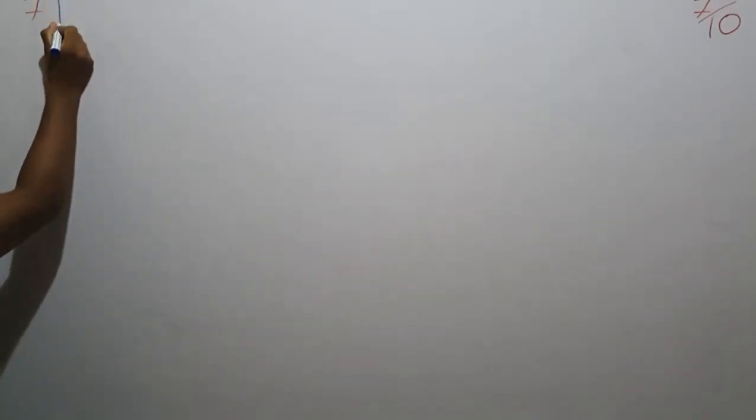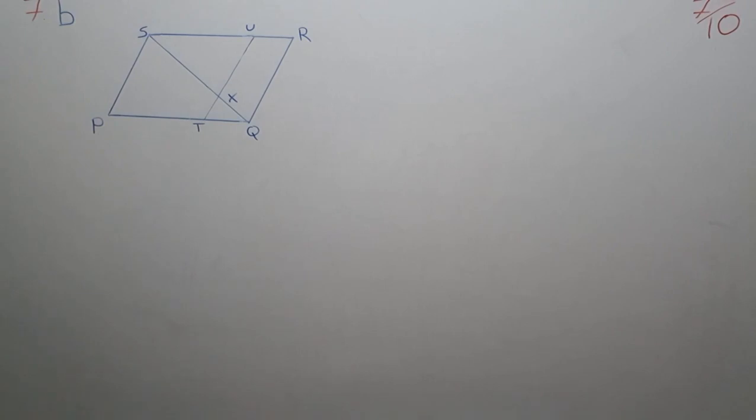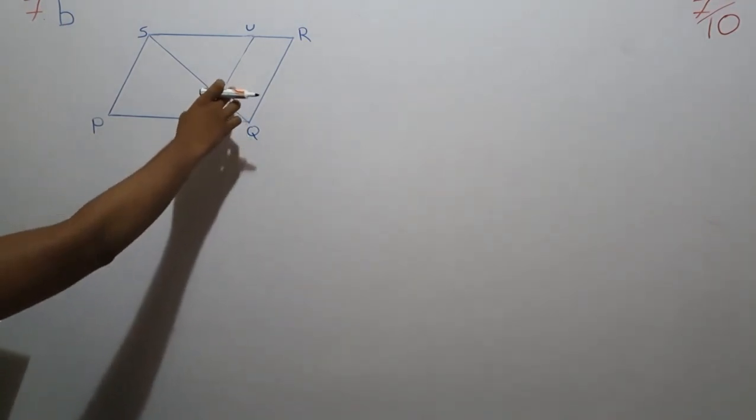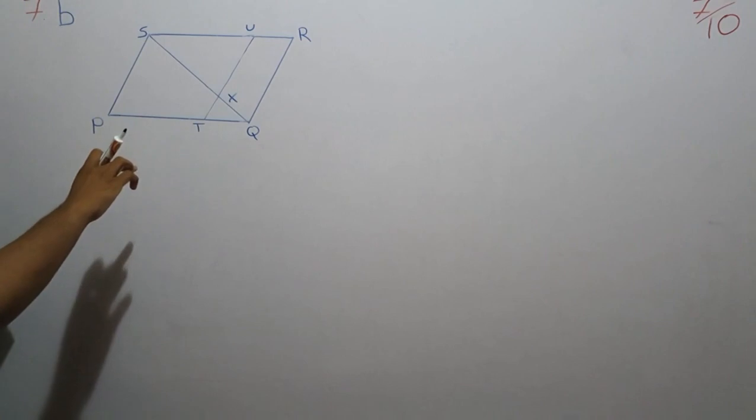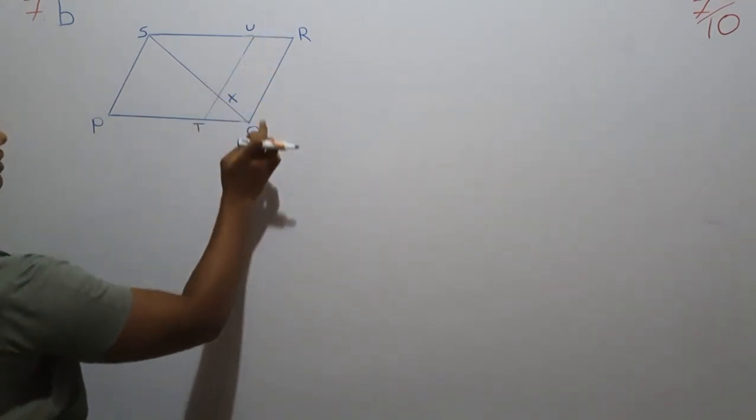So 7th question, part B. We have another parallelogram. So PQRS is a parallelogram. TU and SQ intersect at X, and TU is parallel to QR.